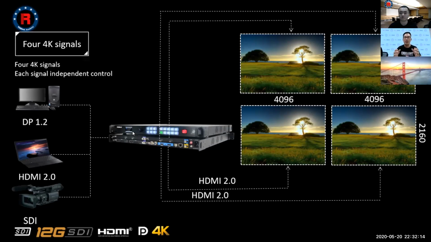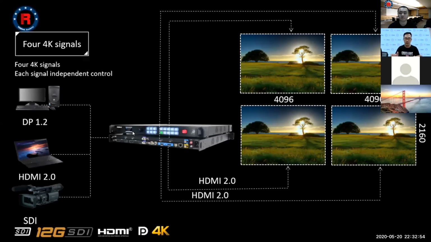Just like the successful case in the rental project, in stadiums like volleyball and basketball games, they always have four same-size LED displays in the middle to show the same content to different areas. And the image quality is very important for them. So we support default, because default can support up to 12-bit image quality for them. Now let's use the live demo to show you how the standard works.